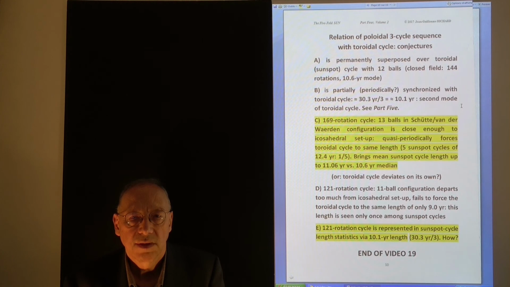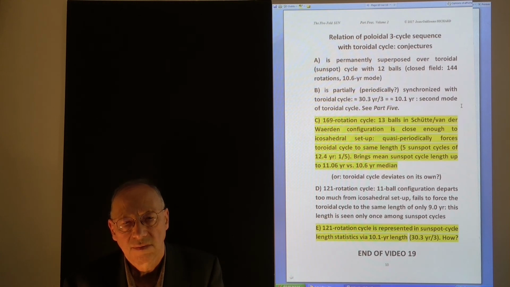Then about the 169 rotation cycle, the 13-ball Schutte-van der Waerden configuration is, as you just saw, less at odds with an icosahedral setup compared to the 11-ball configuration. Maybe it is close enough to the icosahedral setup to be able to force the toroidal cycle in some way to the same length.